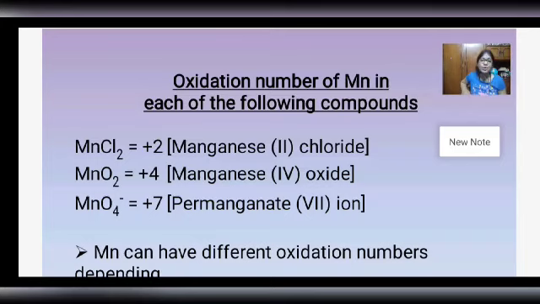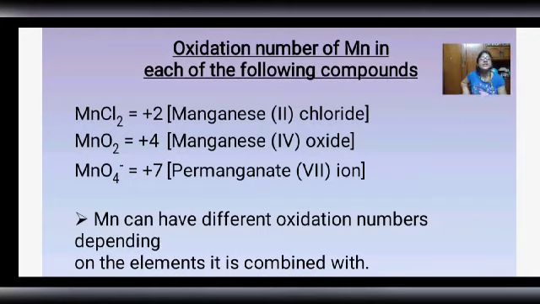In case of MnO2, there are 2 oxygens and we know for oxygen the oxidation number is -2. For 2 oxygens it will be 2 2s are 4, that is -4, and naturally manganese in manganese oxide will have an oxidation state of +4 as the overall oxidation state of manganese oxide will be 0.